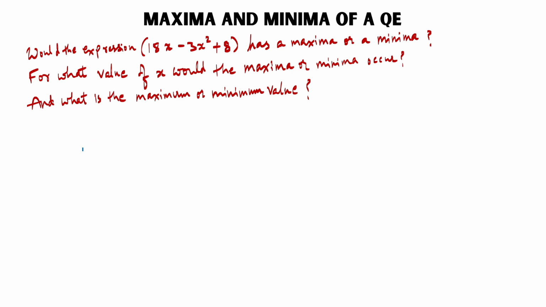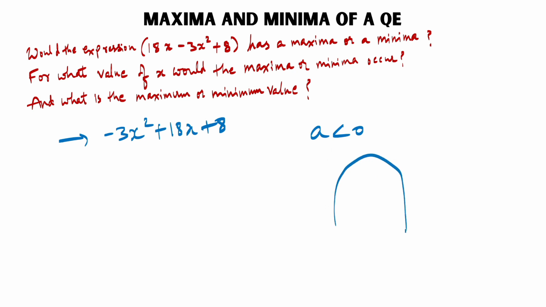So we will rewrite the expression given. What is the expression? Minus 3x square plus 18x plus 8. If we observe the coefficient of x square, that is a, it is negative, a is less than 0. So what is the shape of the graph?